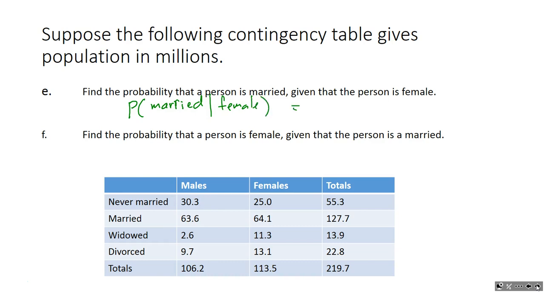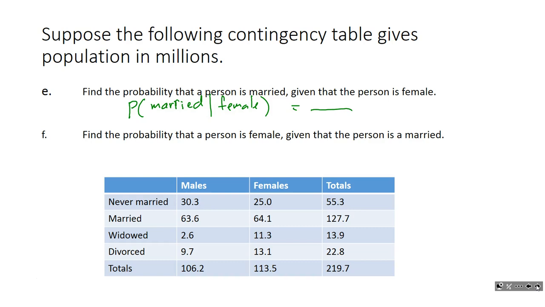And what I want you to notice is the denominator here is not going to be the 219.7 like it was in all the other problems, because now the denominator is just going to refer to the number of females. See, we know the person is a female. So a conditional probability changes your denominator.